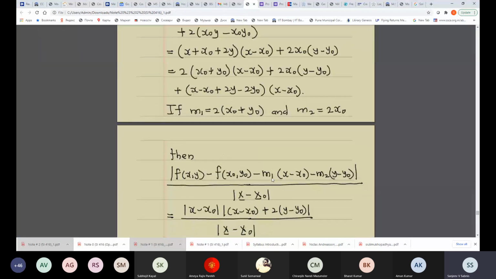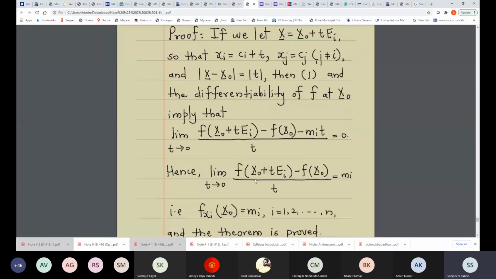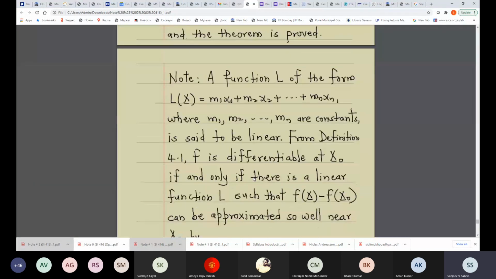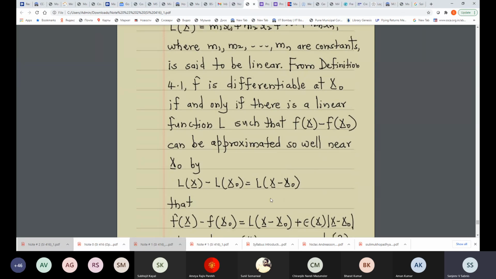So here, for example, this is theorem 4.1. Actually this should have been note 4.1, but it doesn't matter. From definition 4.1, you know from the context what I'm referring to. So f is differentiable at x0 if and only if there is a linear function L such that fx minus fx0 can be approximated so well near x0 by this.